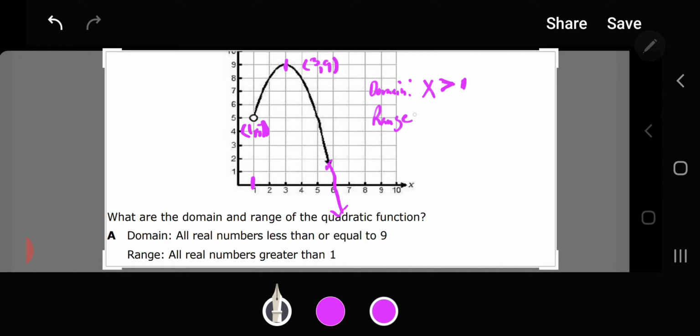So our y looks like it's always less than, because less than our highest point, but we're also equal to it because it is contained on the graph. So less than or equal to 9. Can I say that? Because highest we get to is 9, but we're always lower or less than 9.